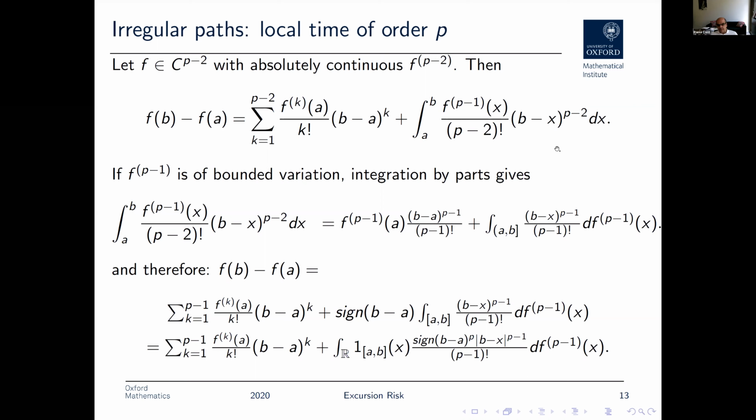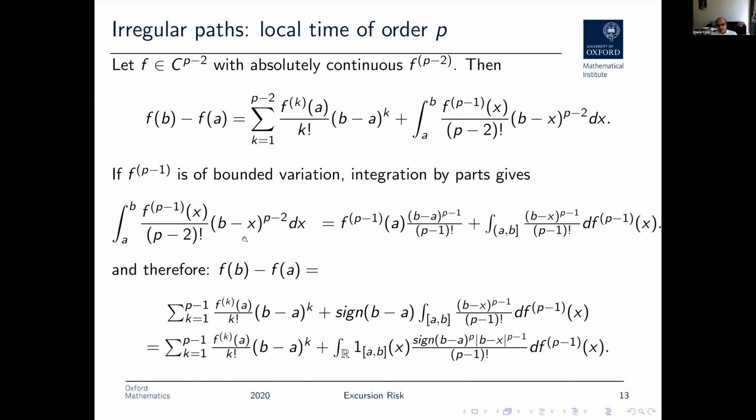So this is a classical Taylor formula. Now, the last term here involves the (p-1)th derivative. So if this (p-1)th derivative is of bounded variation, then I can do integration by parts in the last term. So I can rewrite the last term in this form.